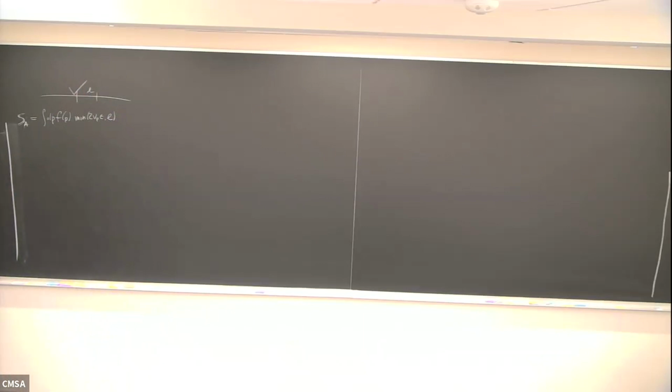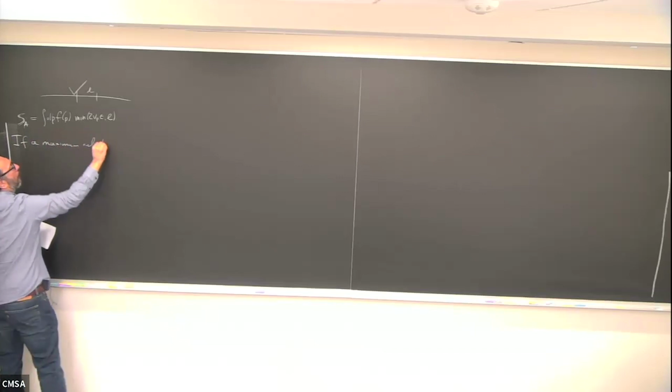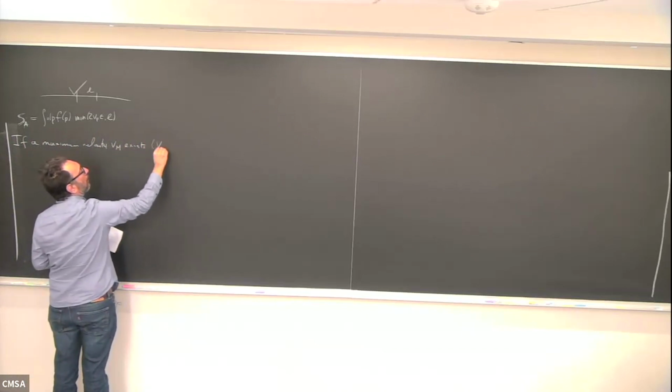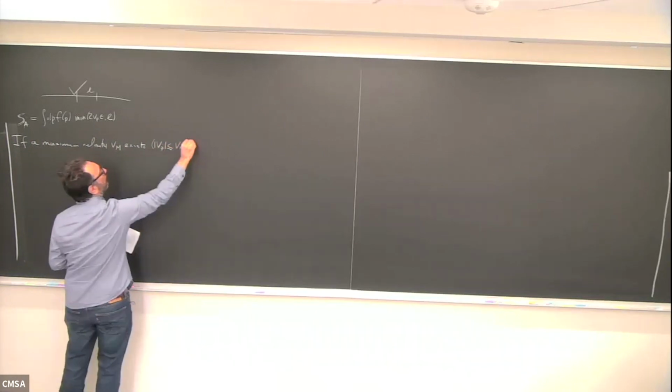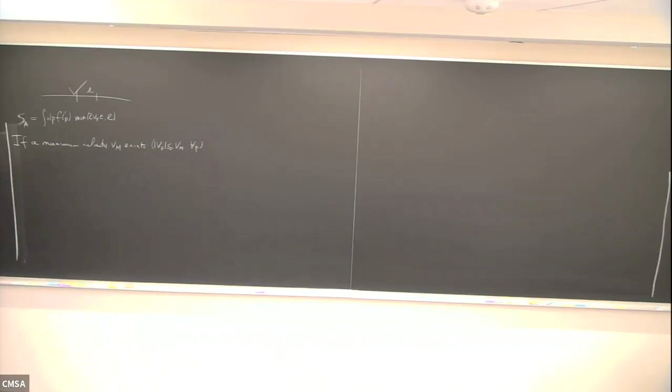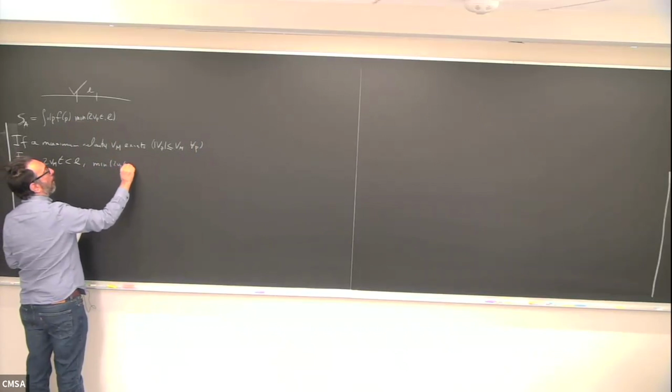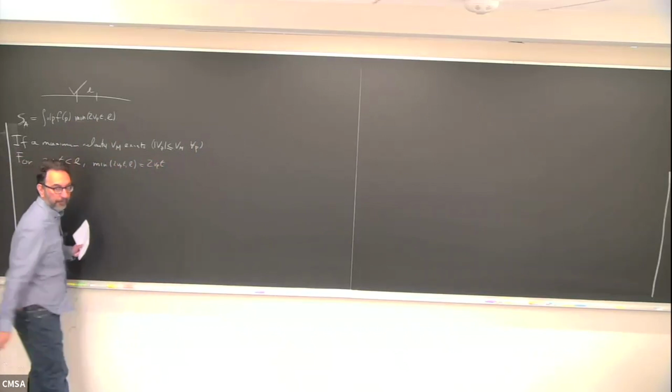Okay, and now what I want to do as a first thing is discuss what is the physical behavior of this formula. You see the very first, very important thing is that if a maximum velocity exists, which means that v_p is smaller than v_M for any p, then for 2v_Mt smaller than L, this minimum function here is just 2v_pt.